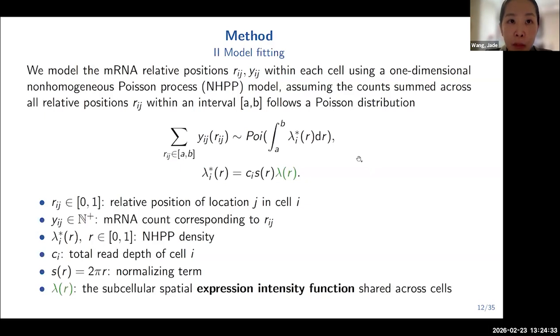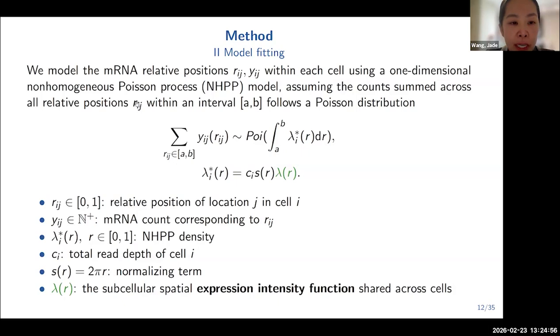And then we propose our model on the preprocessed data on the one-dimensional axis. We propose a non-homogeneous Poisson process. In the model, the index j is for gene, so we are looking at one gene at a time.